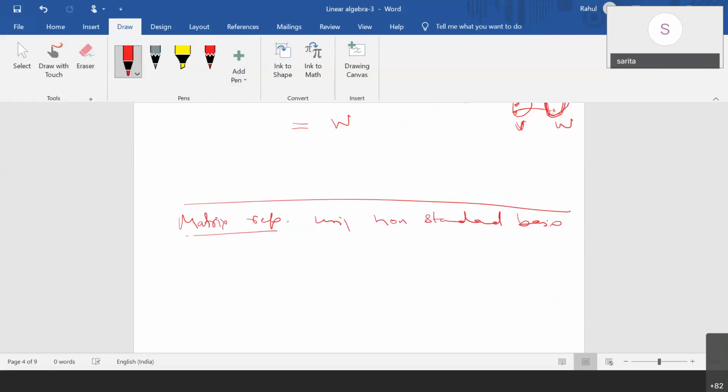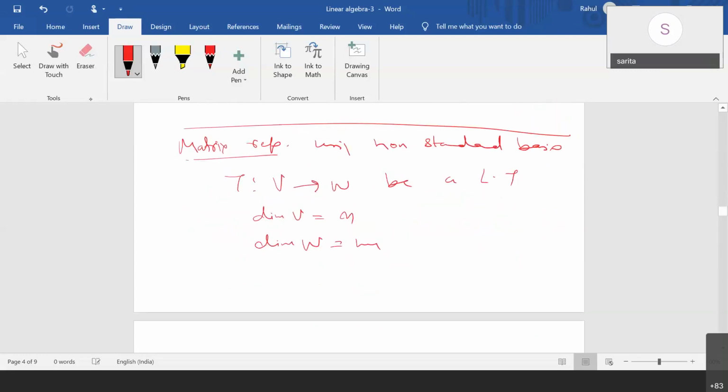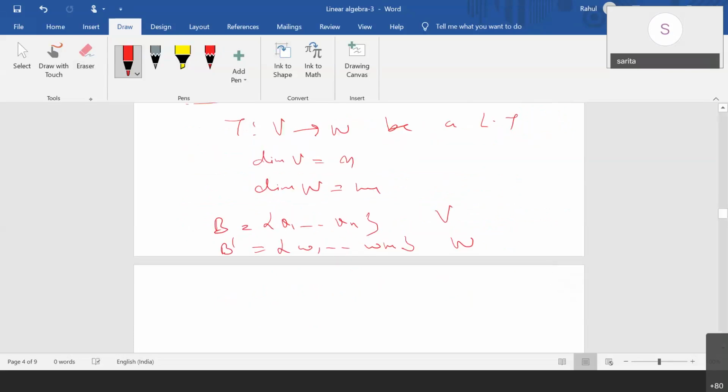So I'm saying that you have a linear transformation T from V to W. Dimension of V is n and dimension of W is m, and B is a basis for V, V1, V2, Vn, and B dash is a basis for W. This is the basis for V, this is the basis for W.